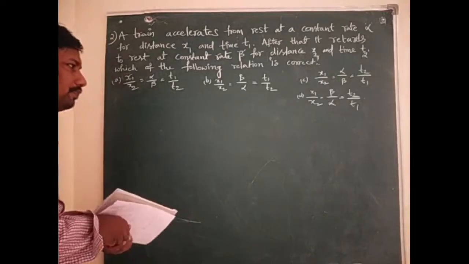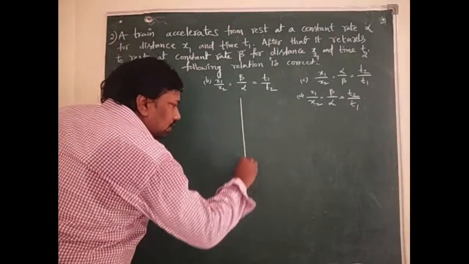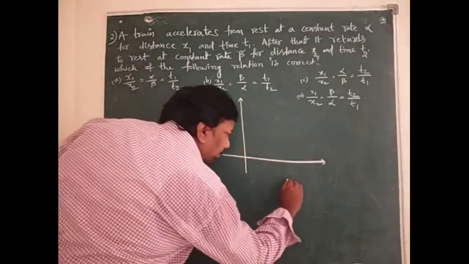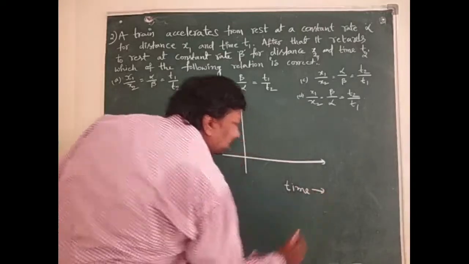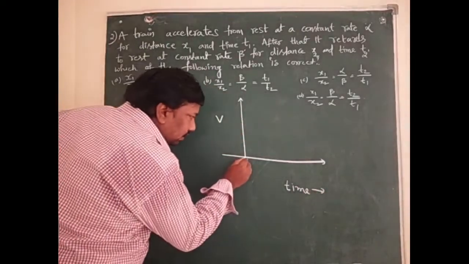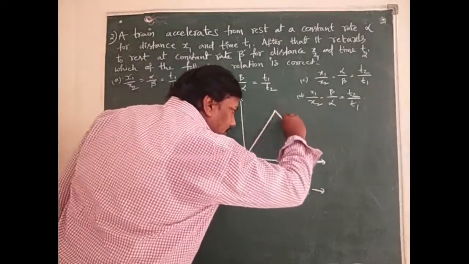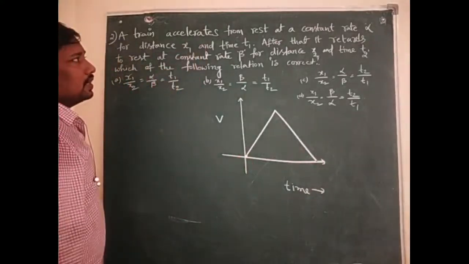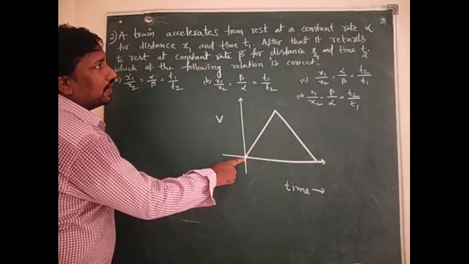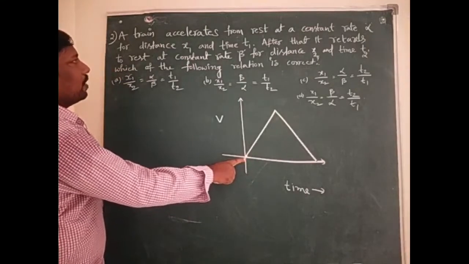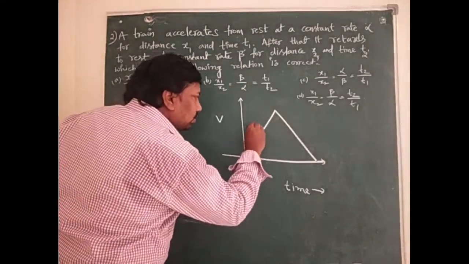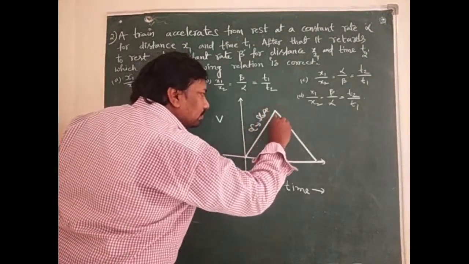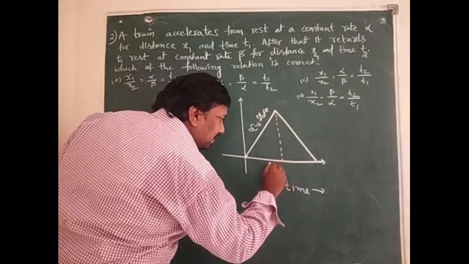So in this problem, we can assume a velocity time graph. Here, a particle starts from rest at a constant rate alpha for a distance x1, so this is the alpha, the slope, and its time is t1.